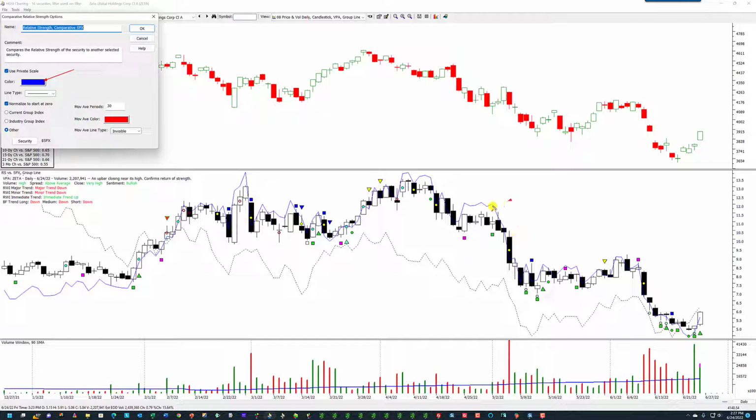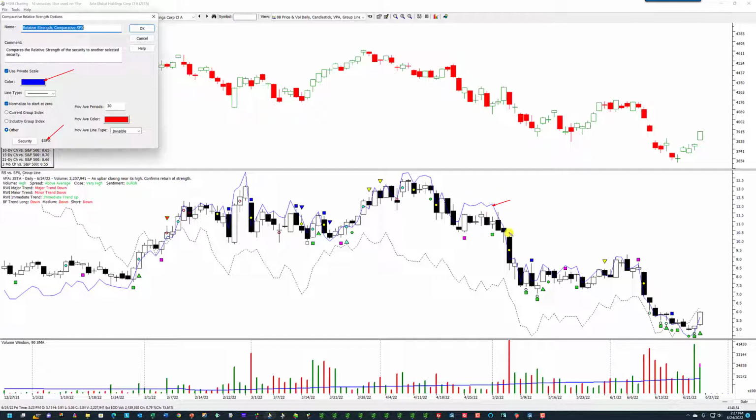It's blue, which corresponds to this blue line, and what this means is I'm comparing a security or an index to the SPX, the S&P 500, which is a much broader look at the market than using the NASDAQ composite. You can use anything you want here, but these charts are based upon the SPX.